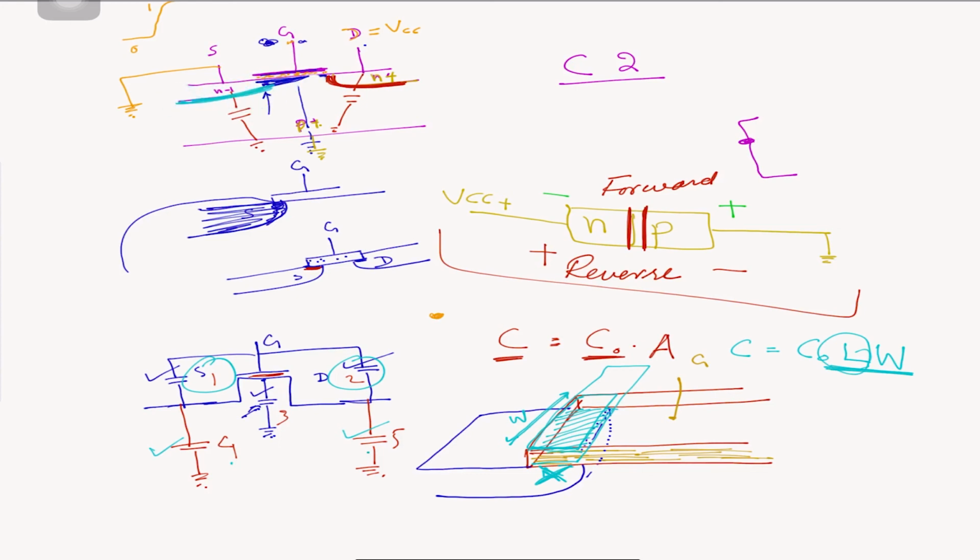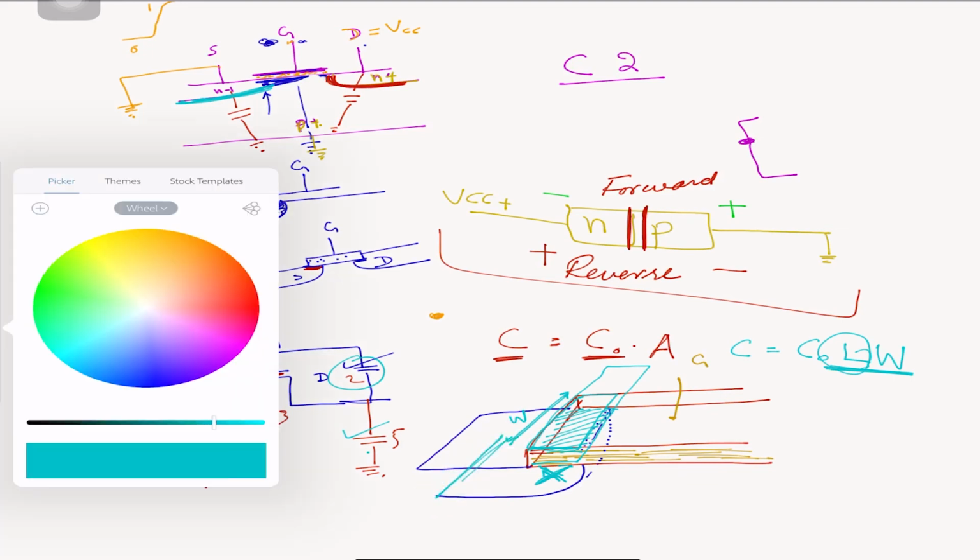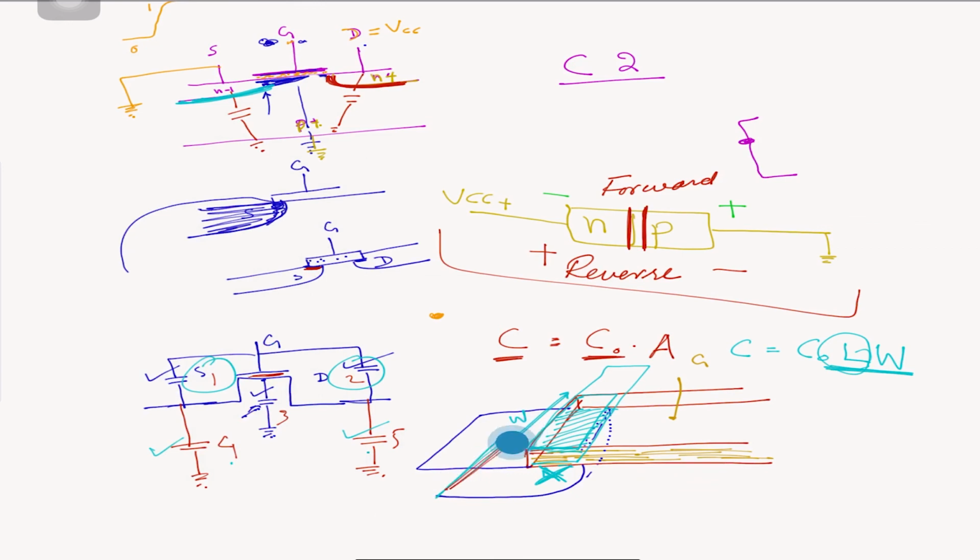If it's a larger width, you will have more of this area, more of the bottom area that will be making a capacitance with the substrate. So bigger width means more capacitance, more current, and more power. Same thing with 5 and 4.